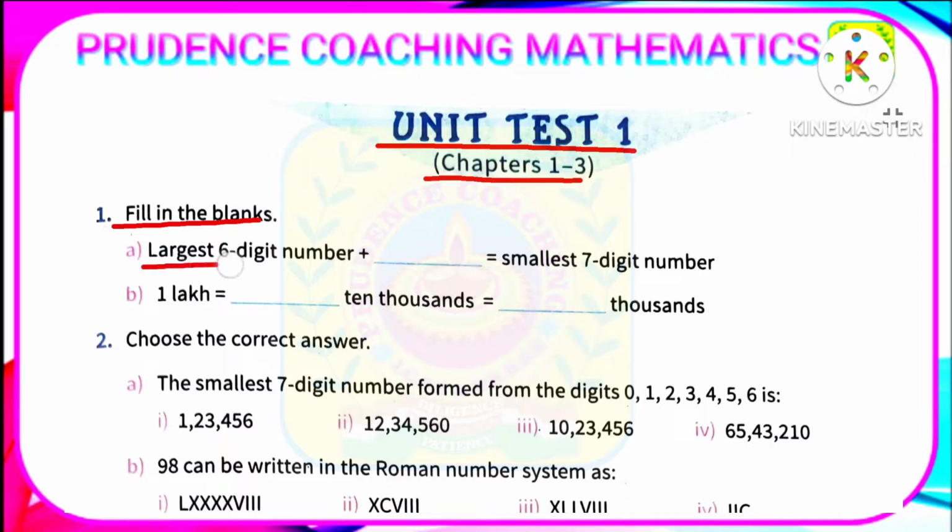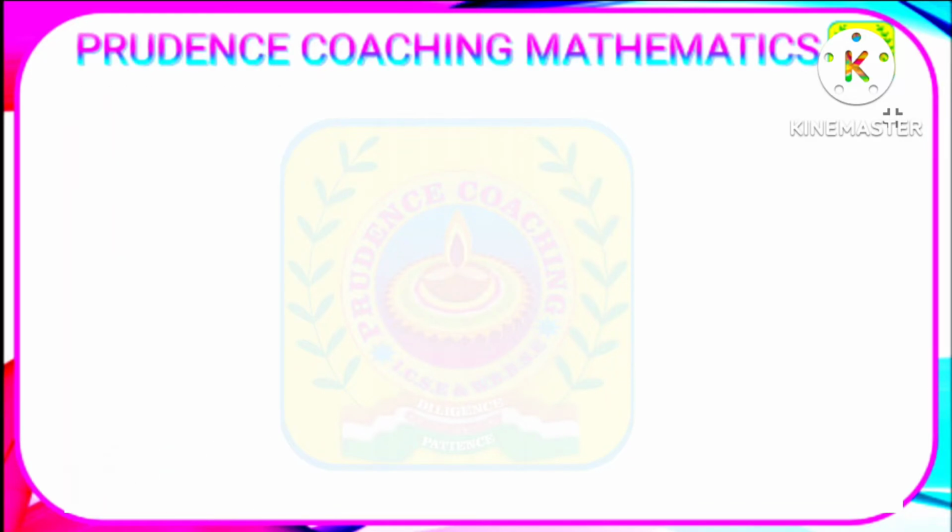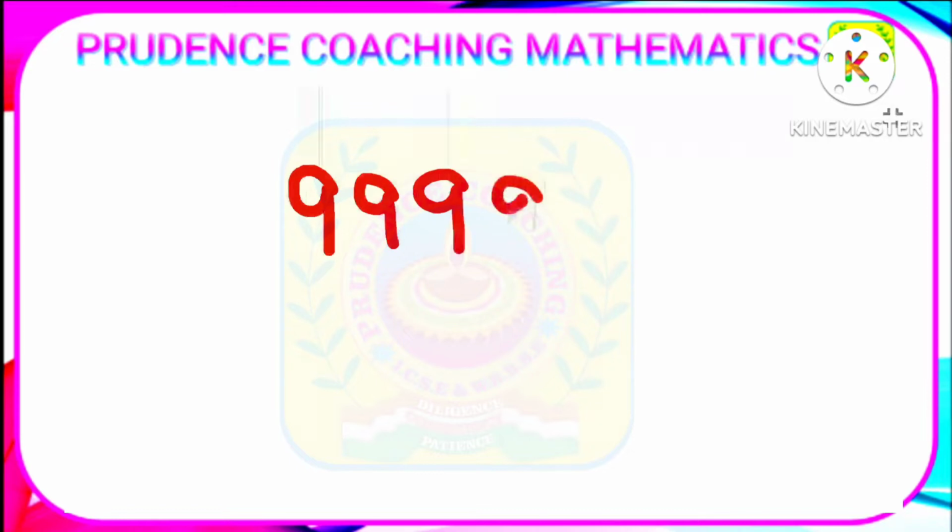Here you are given the largest 6-digit number plus what number you need to add so that you get the smallest 7-digit number. As you know, the largest 6-digit number means 6 times 9, that is 9,99,999.